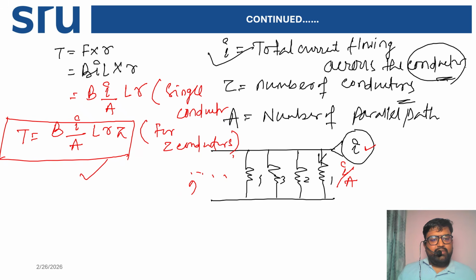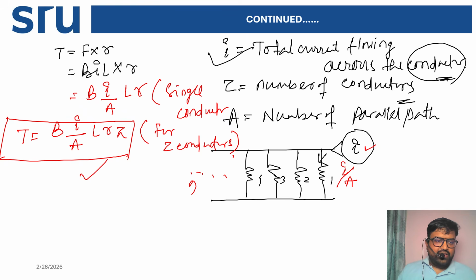Okay, we remember this one. Now we'll go on to derive the area of the armature. This is your parallel path.